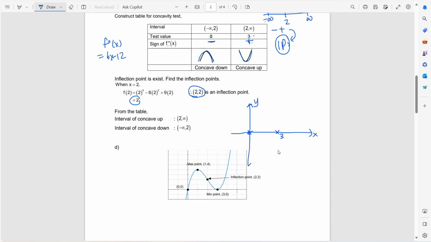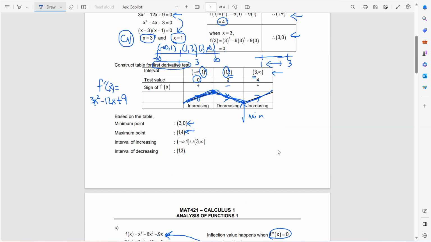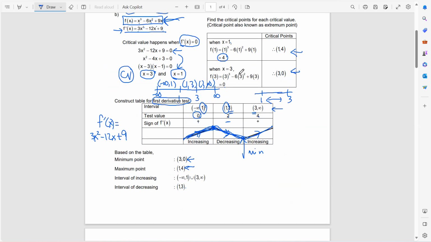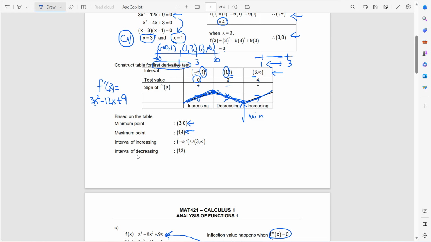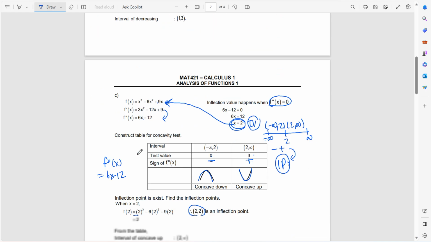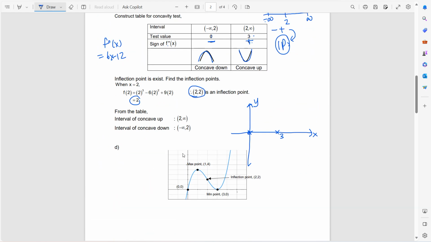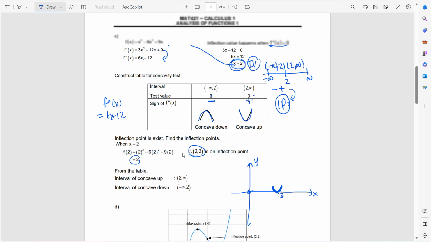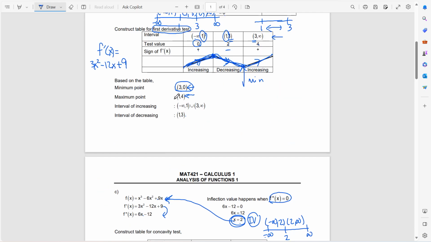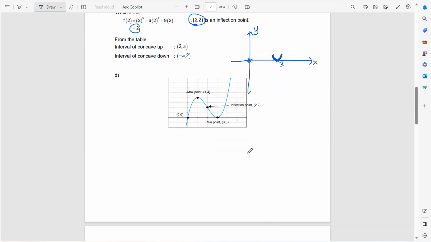And then we are moving on to our first derivative test here. We already know that our minimum point is 3, 0. So we write down the 3, 0 here, and it is a minimum. A minimum you write down like this. And then we already have a maximum point 1, 4.